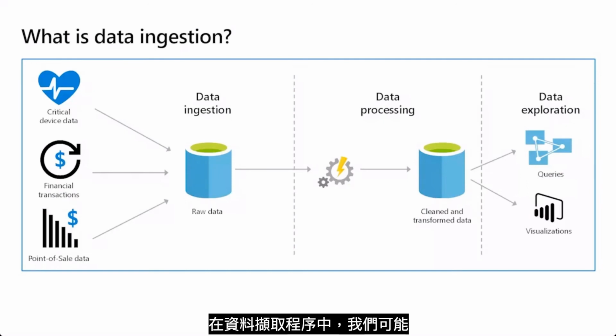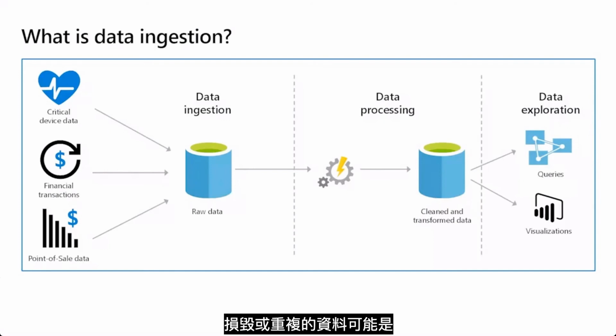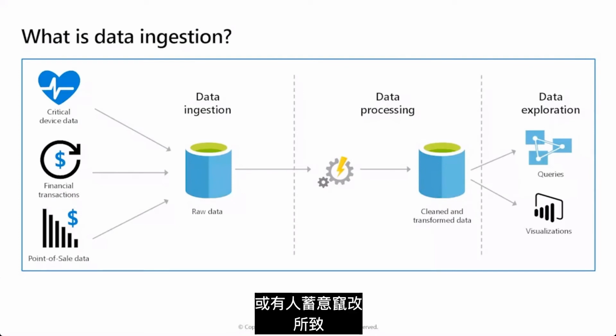During ingestion, we might do some filtering, for example, if we are ingesting data that could come from a suspicious or corrupt data source. Suspicious data might be data that is coming from an unexpected data source. Corrupt or duplicated data could be due to some device malfunctioning, transmission failures, or someone tampering with the data.